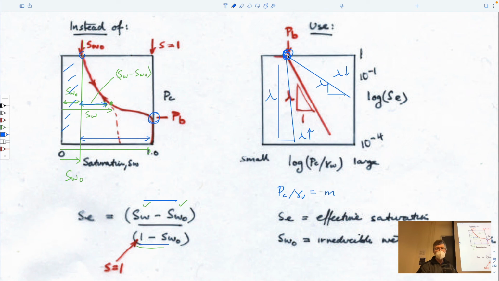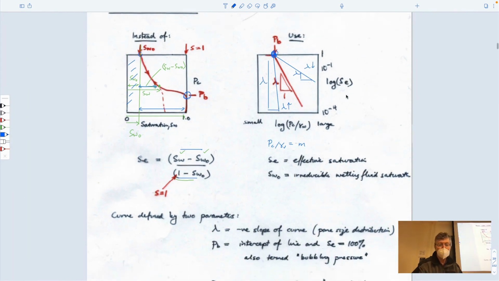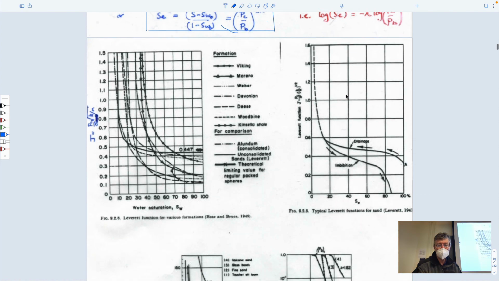This means that once you invade the biggest pore, to get it to fill up the rest of the system, you have to really have a big change in pressure to make it invade the progressively smaller and smaller pore space. So this would be a uniformly graded porous medium, and this would be a broadly graded porous medium, one that has a whole variety of pore sizes in it. And so we can use that to characterize these systems.